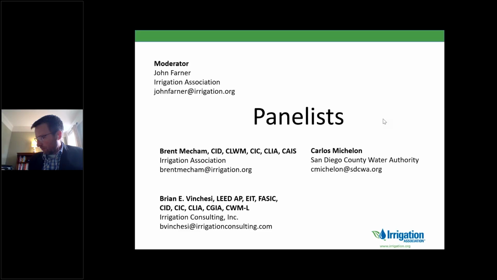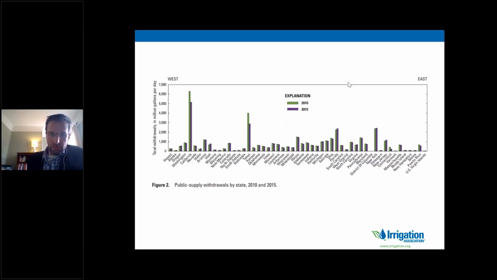And that's basically because in the West, in the dry areas, irrigation gets a lot more respect than it does in the wetter areas. Here, if there's any sense of a drought, irrigation is the first thing that gets cut off without any thought at all to the landscape or to the industries that are part of that or the employees that are part of that.